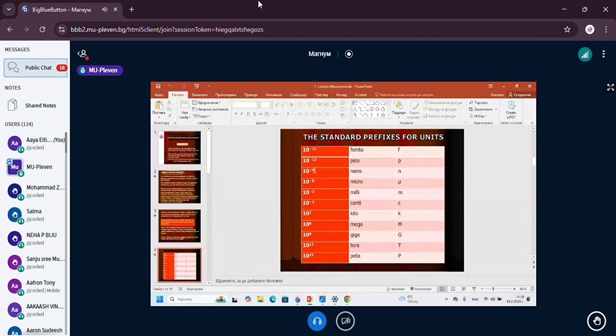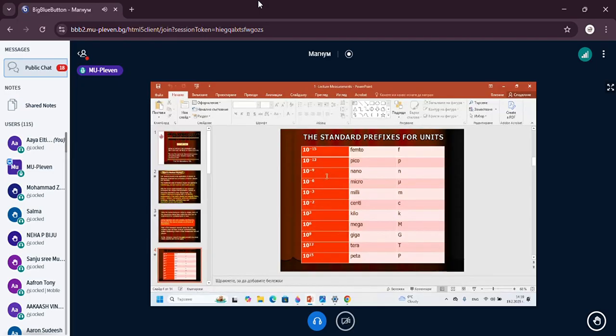In case of nano it is 9. Micro is a bigger unit than nano, obviously, since 10 power minus 9 is a point and then 8 zeros, 1. In case of 6, a point and 5 zeros, 1. So 3 zeros more. Micro is 1,000 times bigger than nano.